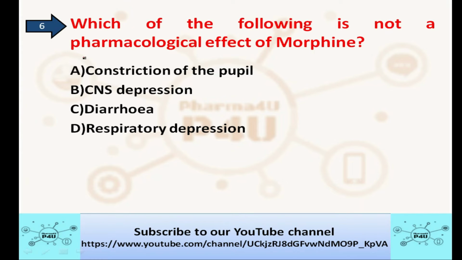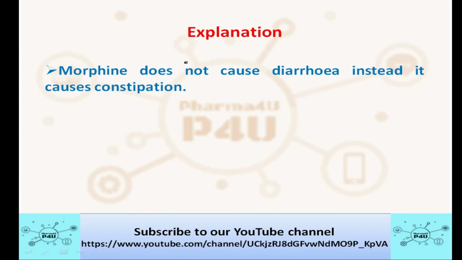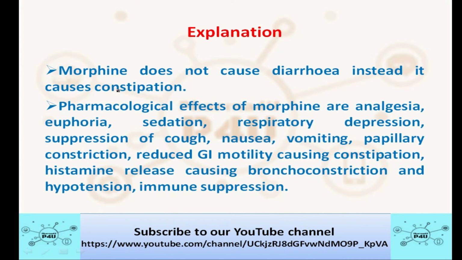These are the pharmacological effects of morphine: respiratory depression, CNS depression, constriction of the pupil. Now the explanation: morphine does not cause diarrhea, instead it causes constipation.